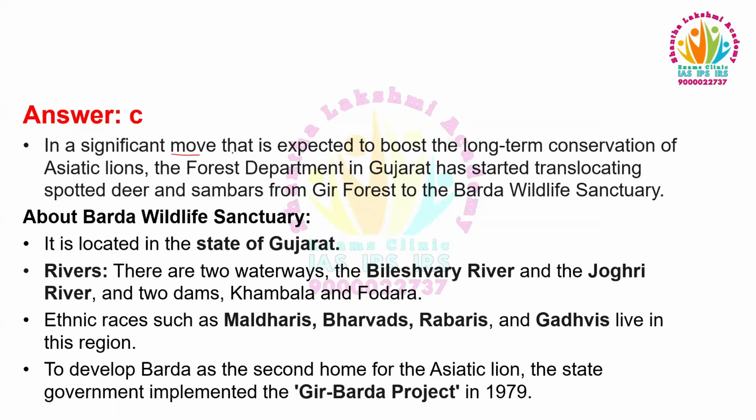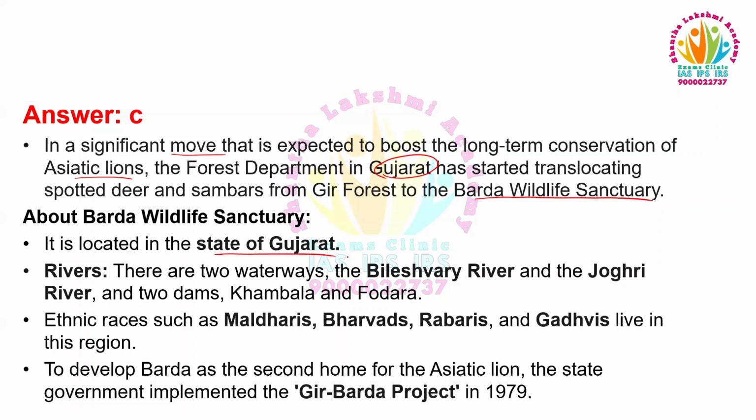In a significant move that is expected to boost the long-term conservation of Asiatic lions, the Forest Department in Gujarat has started translocating spotted deer and sambars from Gir Forest to the Barda Wildlife Sanctuary. About this sanctuary, it is located in the state of Gujarat.